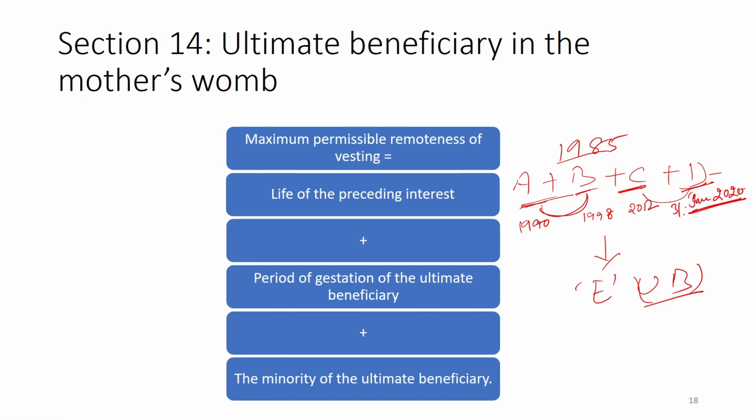In this case the property is going to come to E, then E must be in his or her mother's womb prior to 31st January 2020.